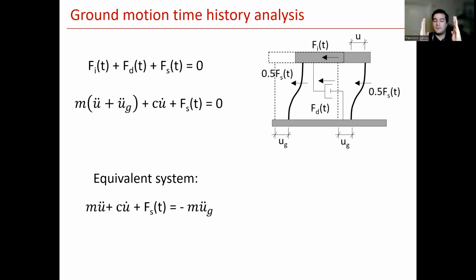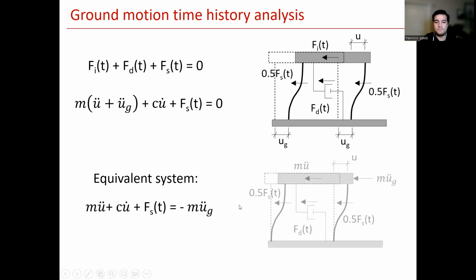It's just fixed on the ground. The ground is not moving. But instead, I have an external force that equals minus m multiplied by the ground acceleration. That's like an equivalent system with a fixed base. That is helpful because then you can use the same approach that we have just seen for external dynamic force to solve the ground motion problem.